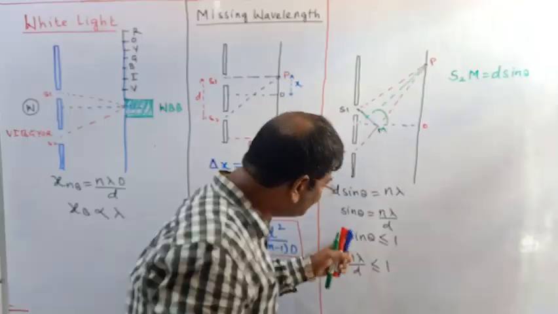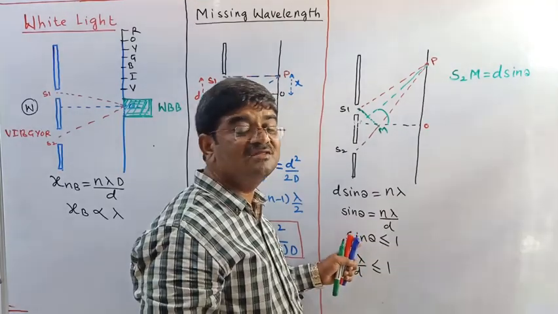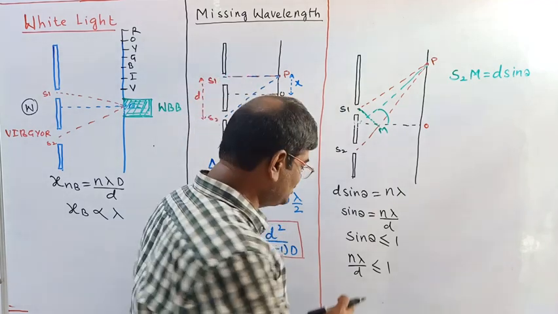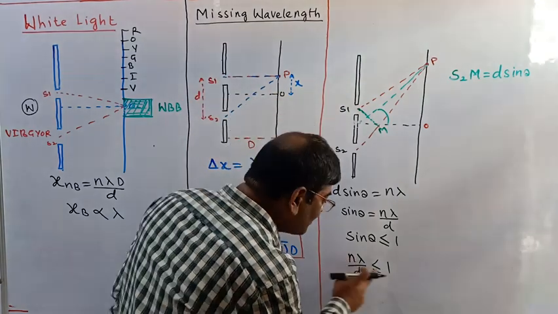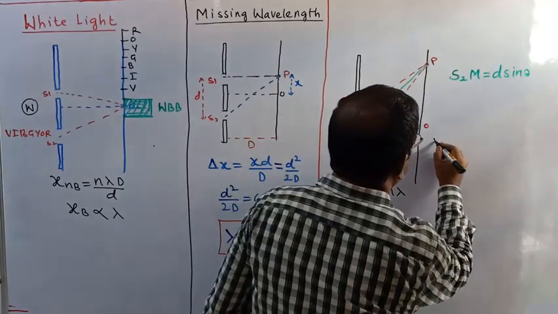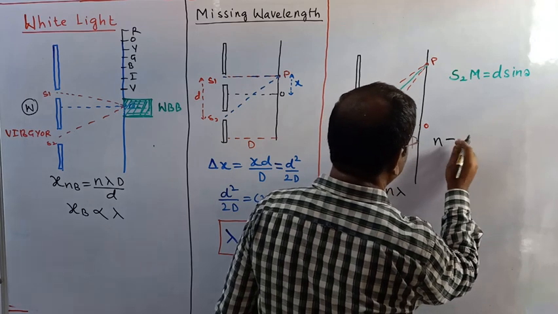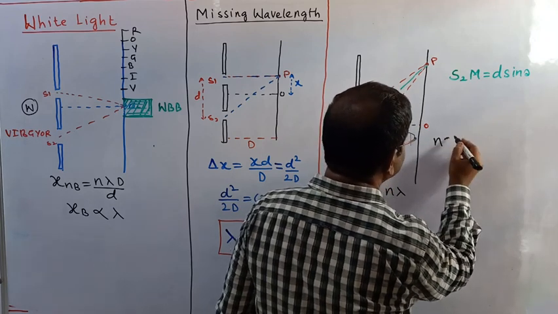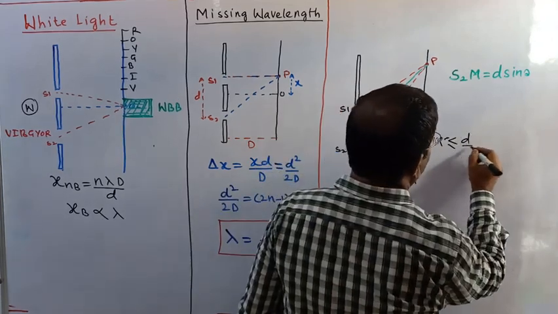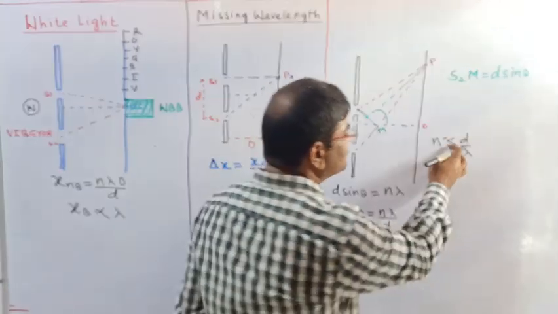So from here, if sine theta is equal to or less than 1, if equal to 1, you mean that you have got the last bright band on the screen. So n can be, I write, n equal to or less than d divided by lambda. That n can have a value given by this.